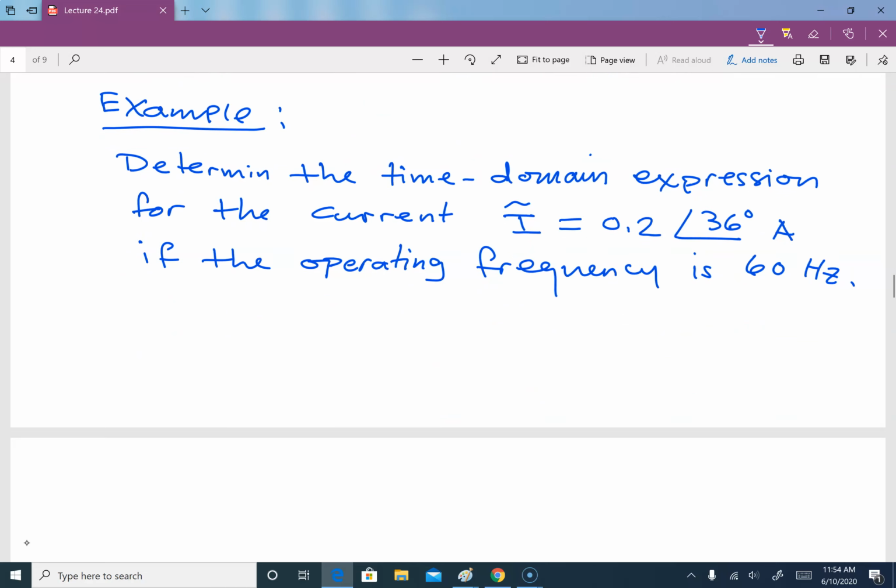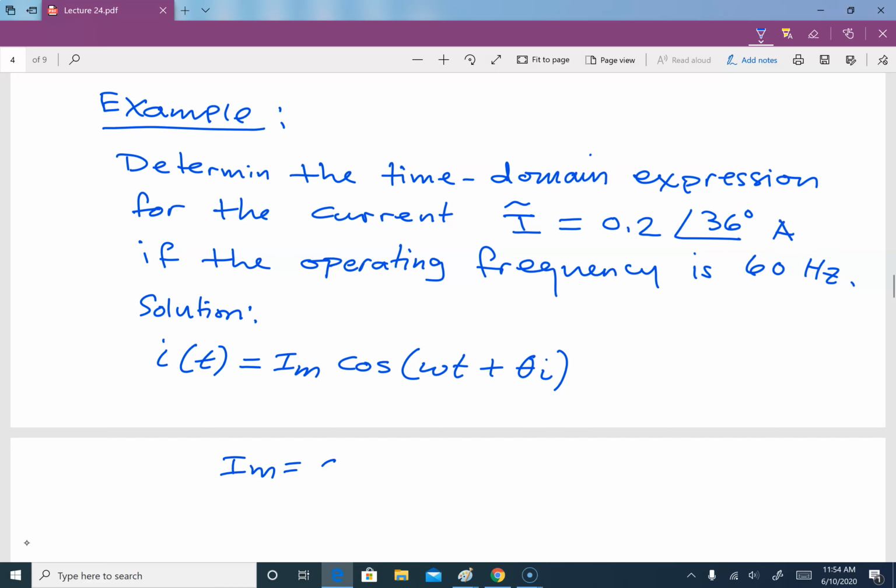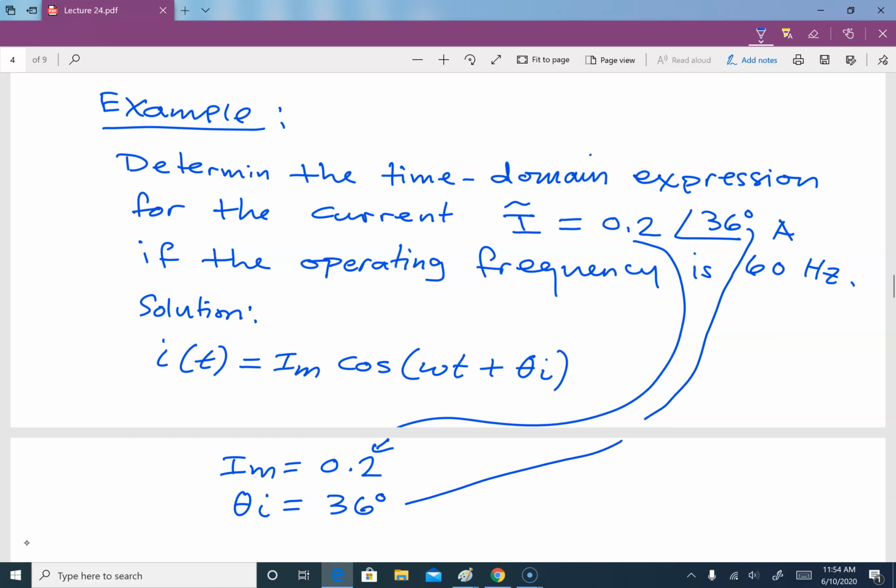So we said that this is the solution. We said that the general format of a current in time domain will be Im cosine omega t plus theta I. So in this case, Im is equal to 0.2, which is this value here, and then theta I is 36 degrees, which is this value here, right?